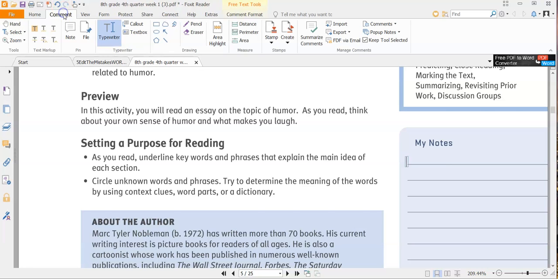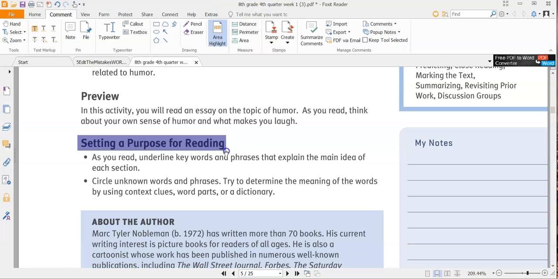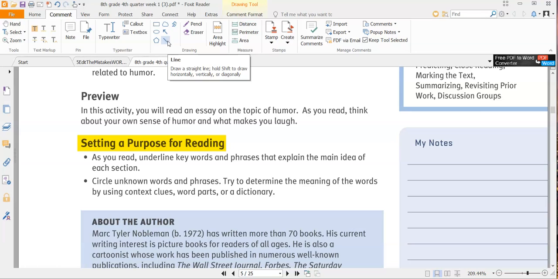And then we come to what I consider the most important part of your assignment, which is the setting a purpose for reading section. That tells us what we're going to do as we read. Now, you know I'm always telling you that you need to annotate your text so that you know exactly what's happening and so that you stay focused on your reading. Setting a purpose for reading tells you what you could do to annotate.